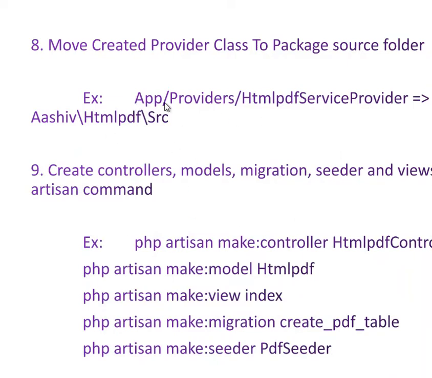So here, the app provider HTML service provider moves to the package src folder. Create the folders, controller, model, migration, seeder and views using php artisan commands. As you know very well about php artisan commands, otherwise you can follow the Laravel official website.